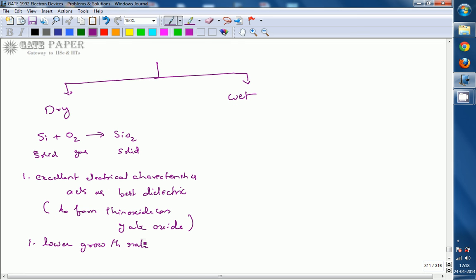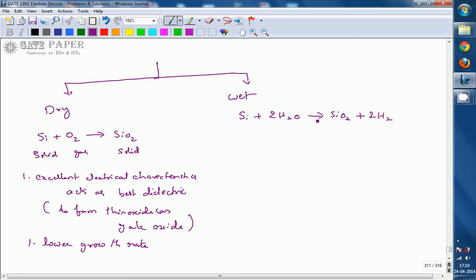So one is an advantage, the other is a disadvantage. Now, wet oxidation. In wet oxidation, highly purified deionized water or water vapor is used to react with silicon to get the silicon dioxide layer. Silicon reacts with 2H2O to give SiO2 plus 2H2.